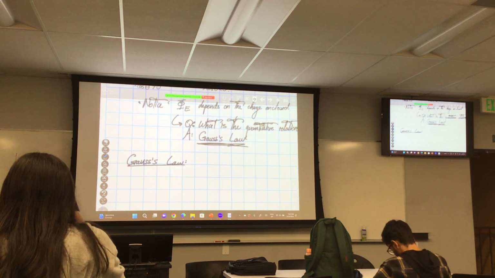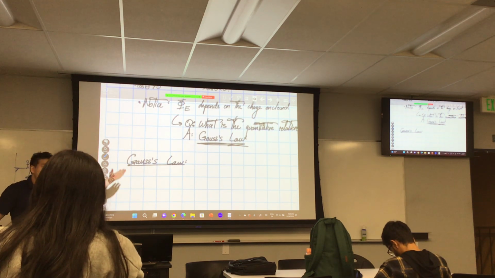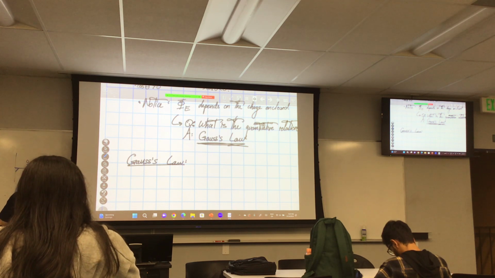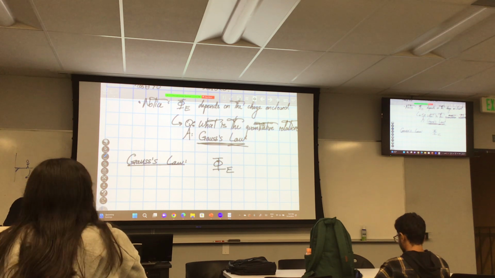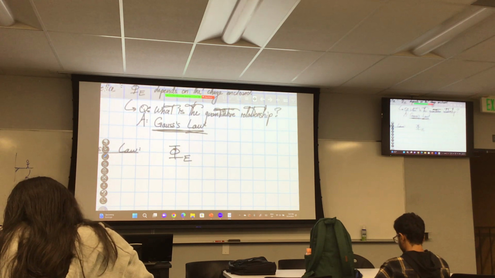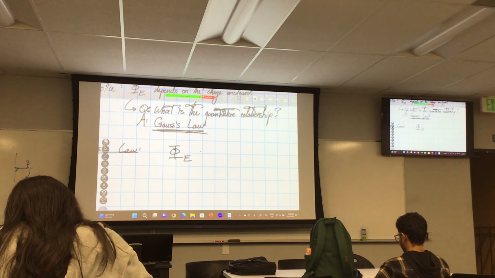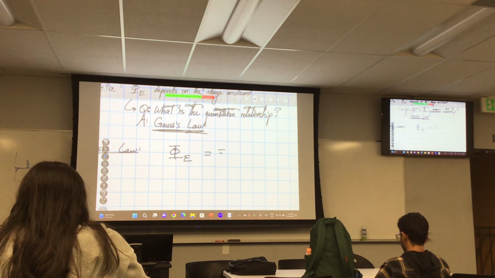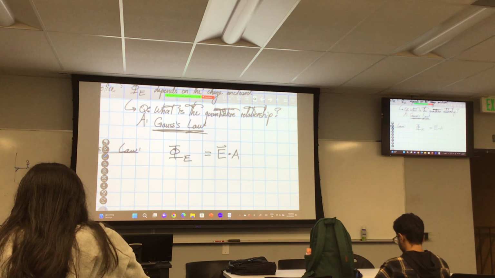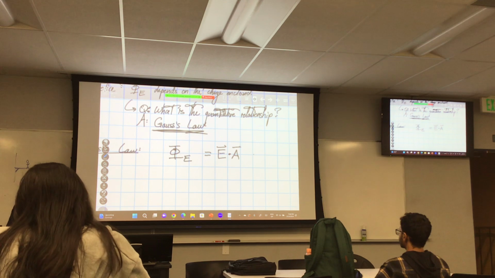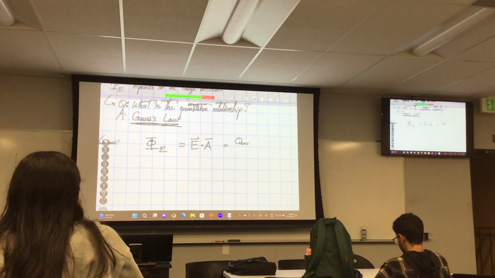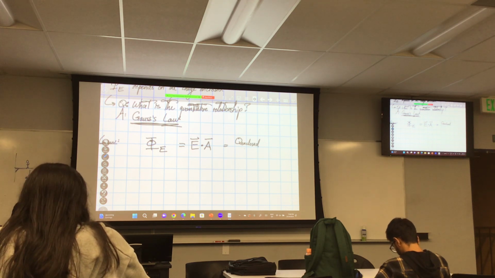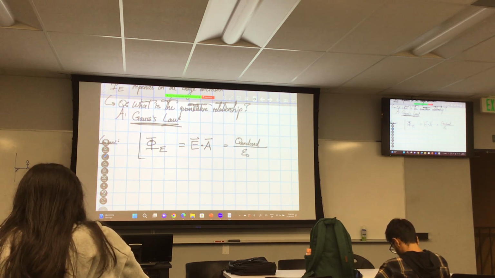Gauss's law provides for us that relationship that we desire from the flux to the charge that's enclosed. Gauss's law tells us that the electric flux, which remember is equal to E dot A, is equal to the charge that's enclosed divided by epsilon naught.